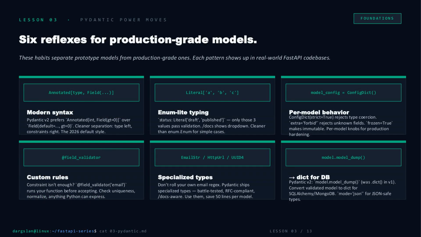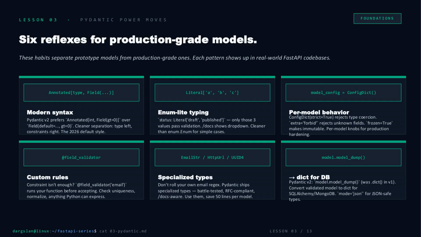With the basics locked in, here are 6 reflexes that separate prototype models from production code. Use Annotated with Field for clean separation of type and constraints. Reach for Literal when you've got a fixed set of strings. It's lighter than a full enum and renders as a drop-down in docs. Add field_validator for rules Python can express, but type hints can't.